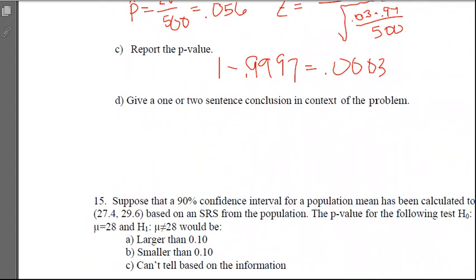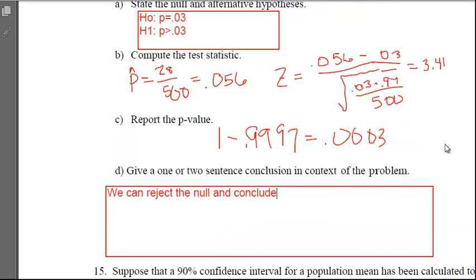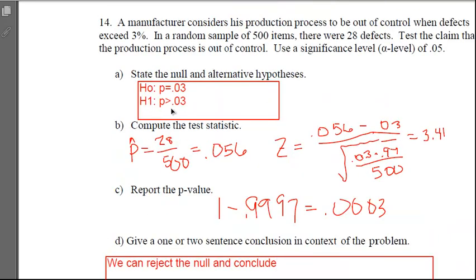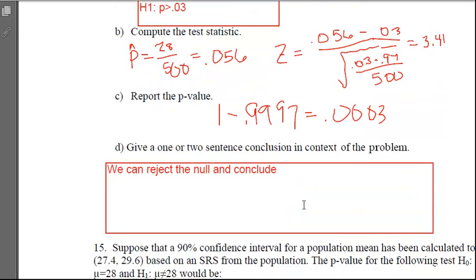So I want to state that in my conclusion. And since we're rejecting the null, that means we're going to conclude the alternative, that the production process is out of control or that the defects exceed 3%. Either one, they mean the same thing for this problem.